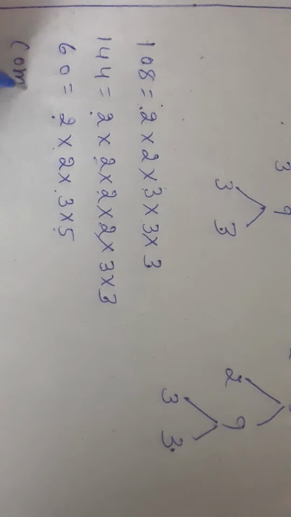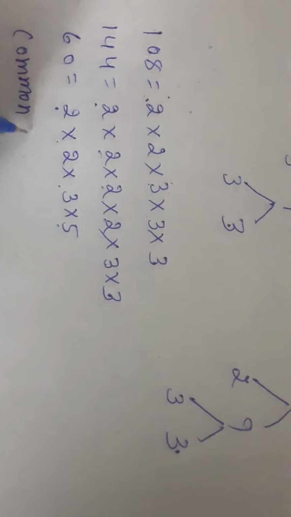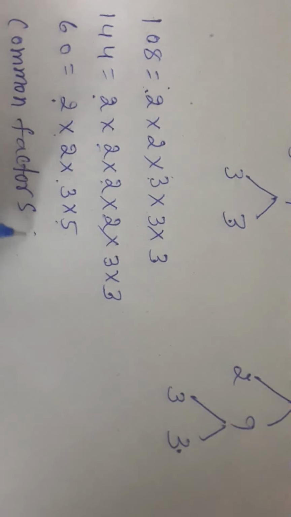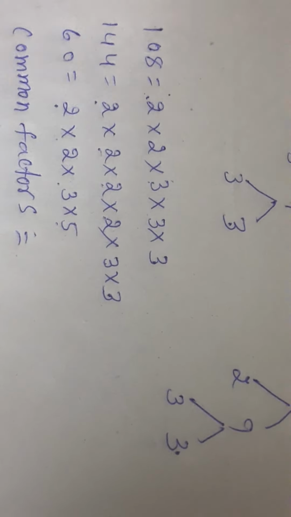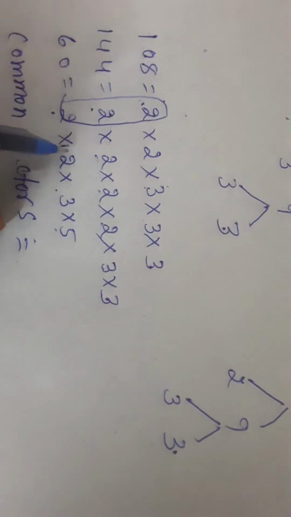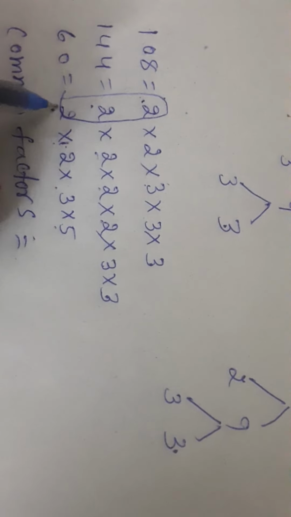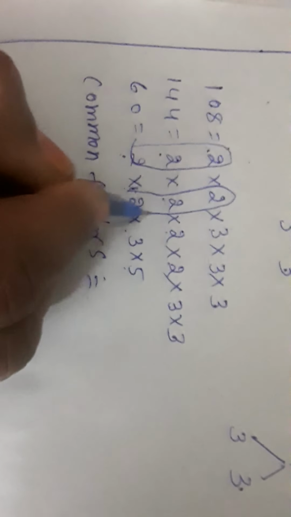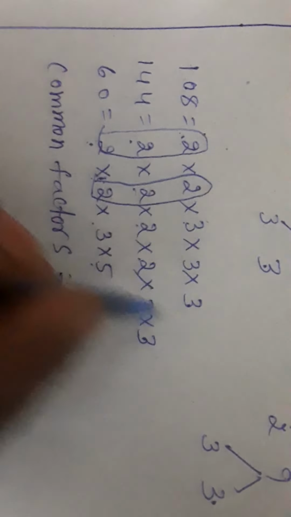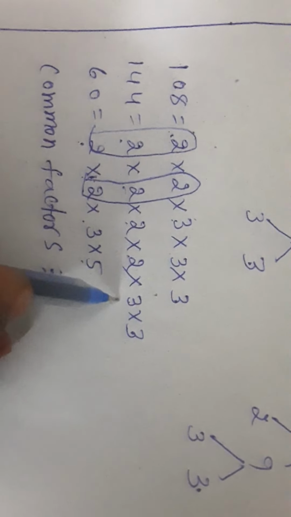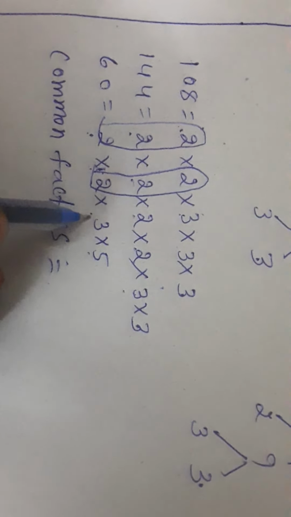Common factors. These three numbers have 2 in common. In this we have 3 3s, in this we have 2 3s, in this we have only 1 3.